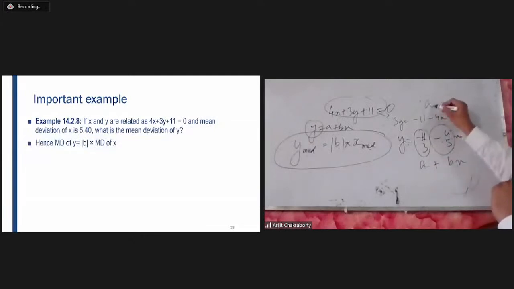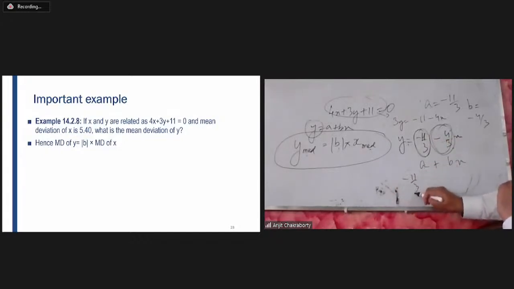Here a is equal to minus 11 by 3, and b is equal to minus 4 by 3, because I can write it like this: minus 11 by 3 plus minus 4 by 3 into x. That is a plus bx. Here b is minus 4 by 3.